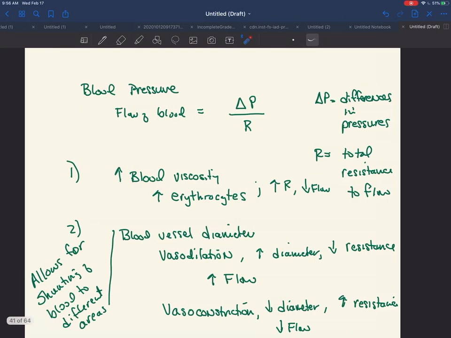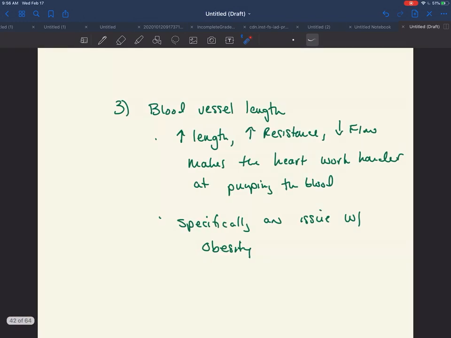There's one more thing that affects resistance, and that is your blood vessel length. As you increase the length, you increase the resistance, and then you decrease the flow. One way we increase length is by becoming bigger.